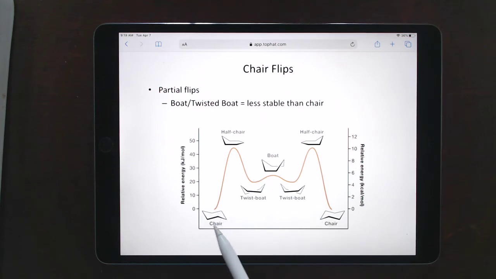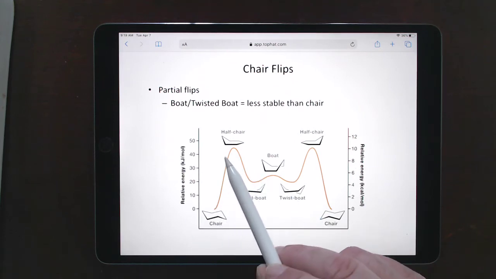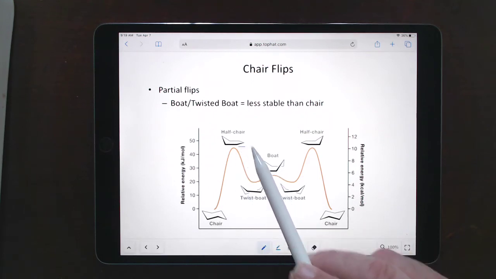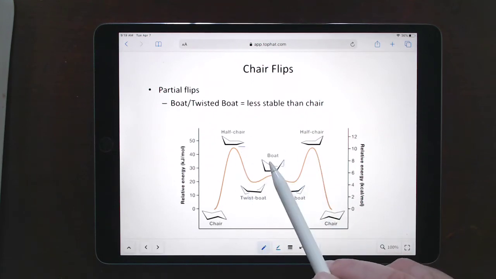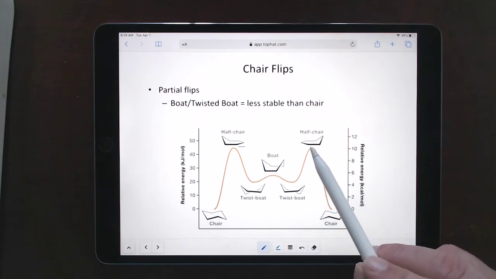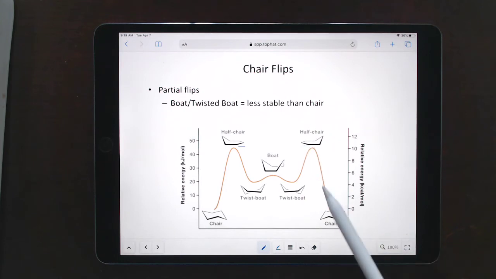If you have a chair turning into the boat structure, it goes flat and then comes up, and then as this one comes down, it sort of twists down, goes down, and then comes back down. Again, you don't need to know this, other than that chair is a much lower energy than a boat.